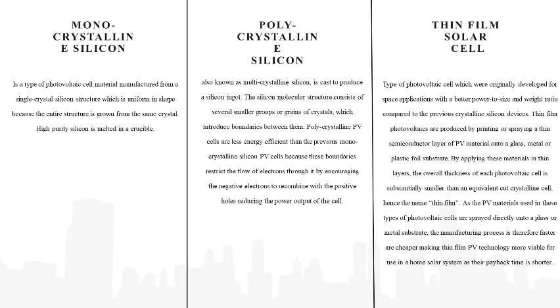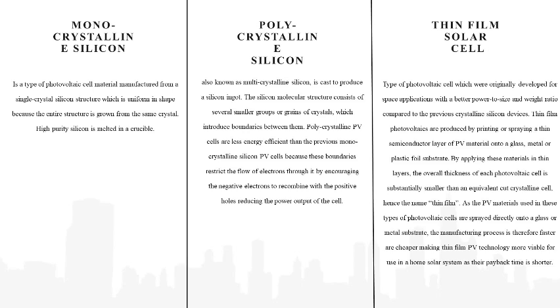High purity silicon is melted in the crucible. Next is polycrystalline silicon, also known as multicrystalline silicon, is cast to produce a silicon ingot.